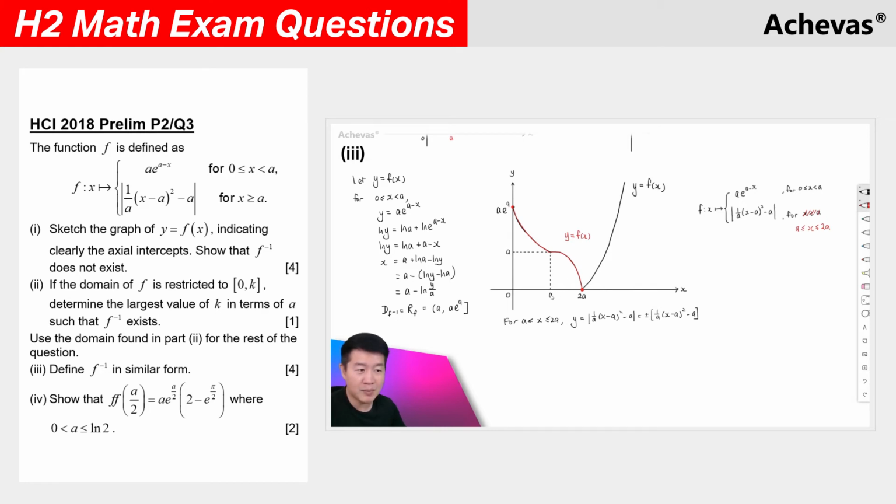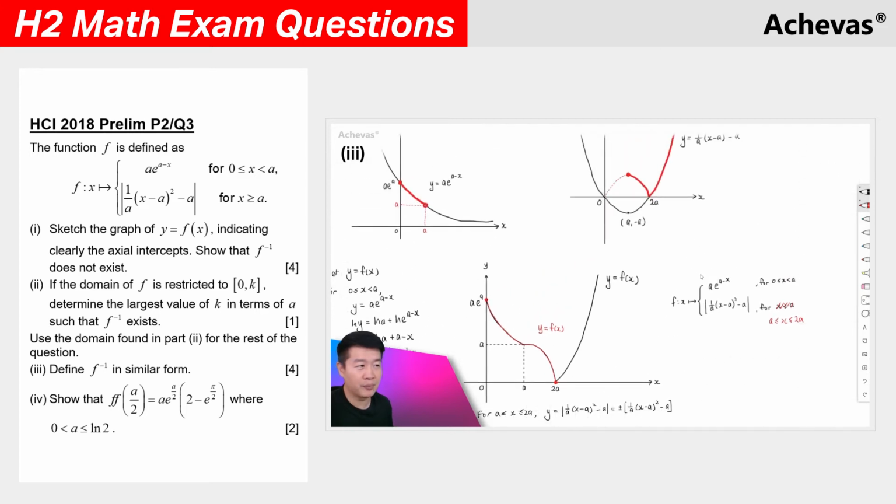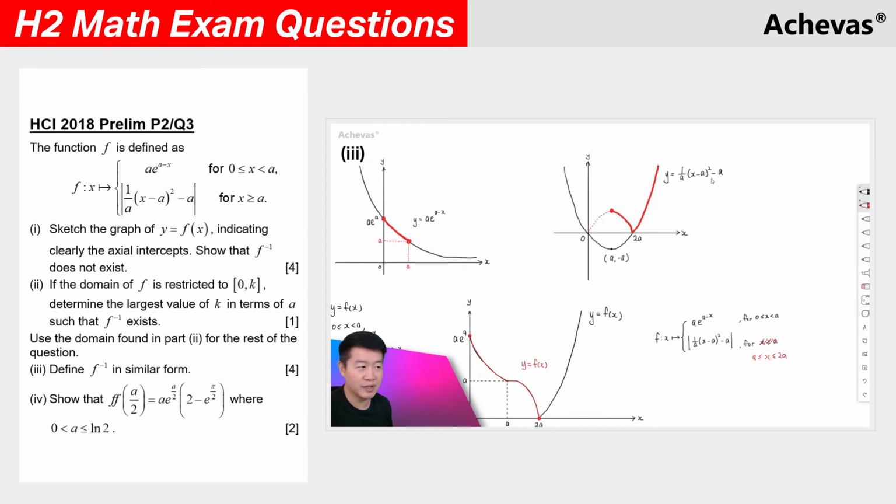We know we are working specifically on the part of f(x) where it is between a to 2a. And for this part of the graph, we originally drew it from the graph of y is equal to this without the modulus. And with the modulus, this portion of the graph is reflected about the x-axis. Since it is reflected about the x-axis, if I were to consider just this portion of the graph, it can be defined by y is negative of this, negative of 1 over a, (x minus a) squared minus a.